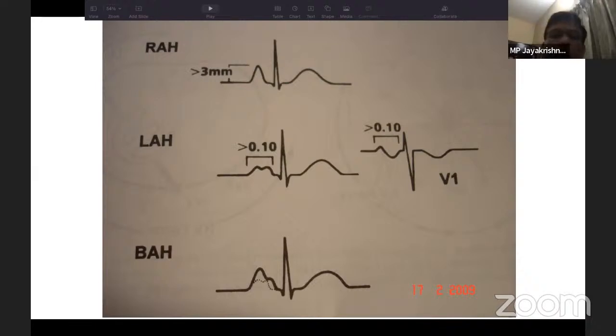So any value that is more than 0.1 second, which means 2.5 divisions, you consider to be left atrial enlargement. If both are there, that is a tall and wide P wave, with an amplitude more than 3 millimeter and a duration more than 0.1 second, that indicates a biatrial enlargement.